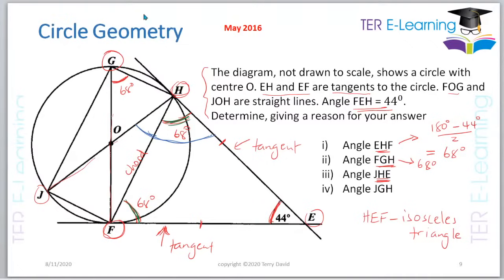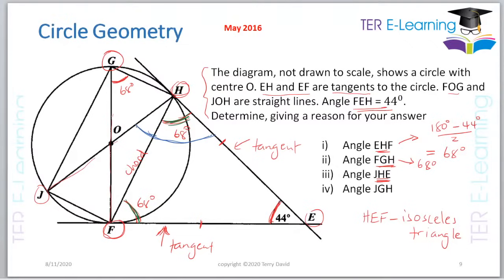What is JHE? All right, so Tiffany is saying 90 degrees. So yes, that is correct.